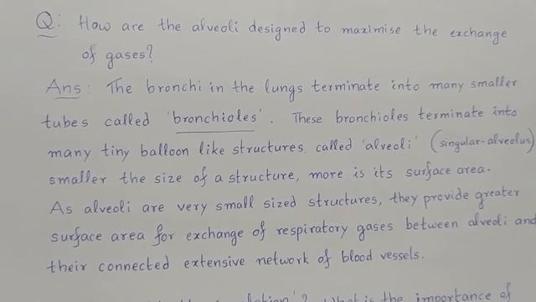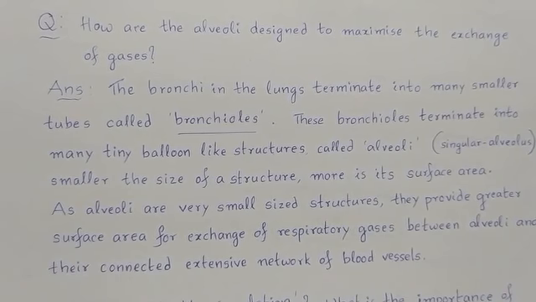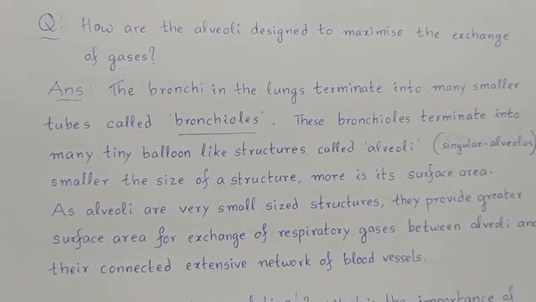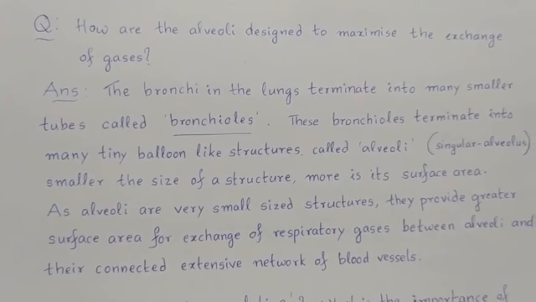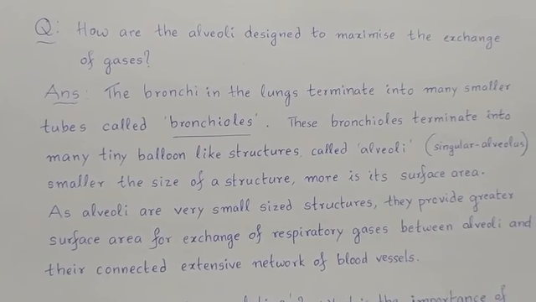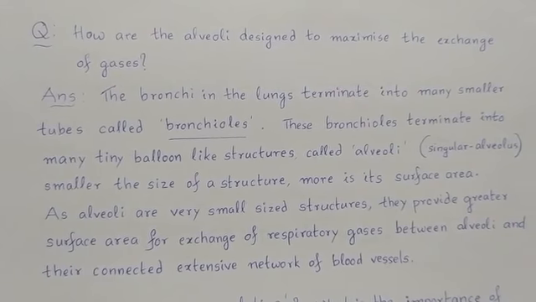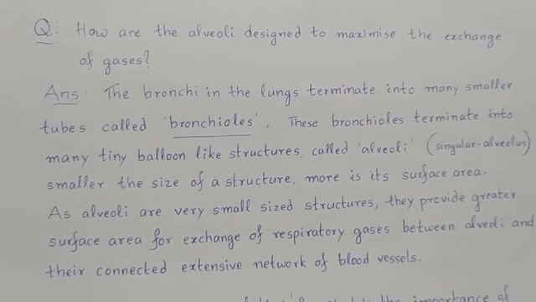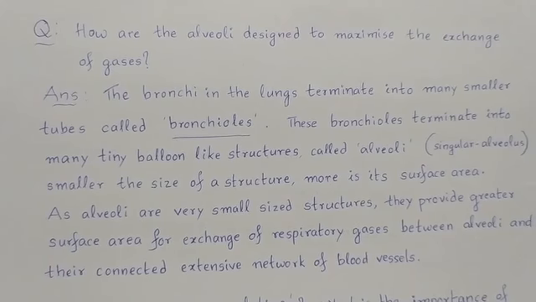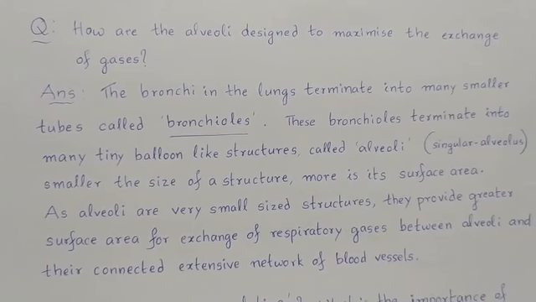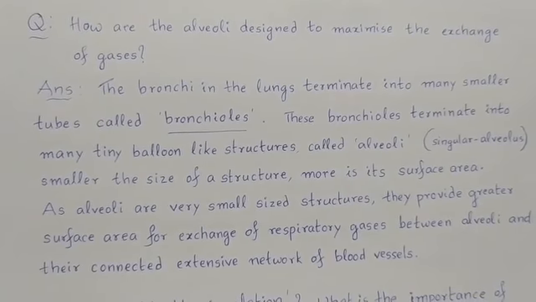Actually, those blood vessels are very fine sized, so they can be called capillaries. Okay, so the alveoli are very small in size, so as to provide larger surface area for gaseous exchange.